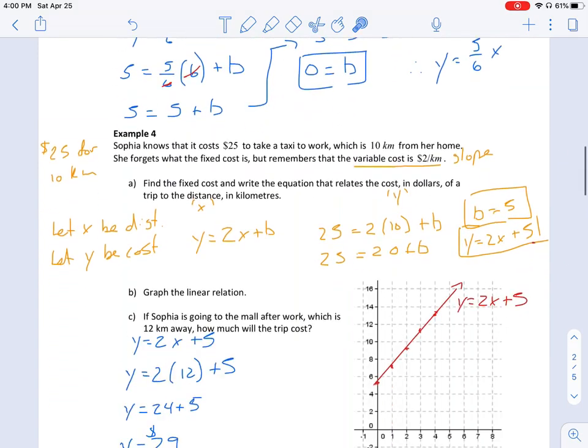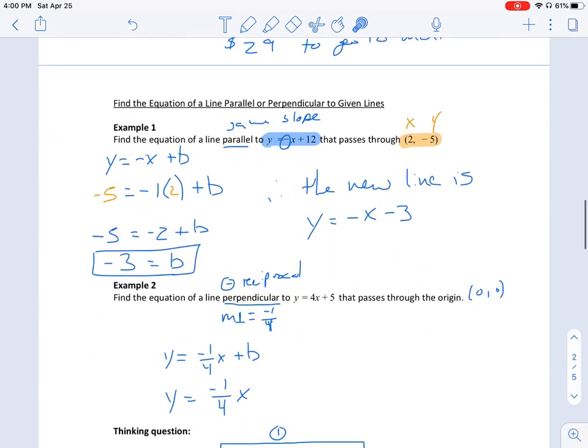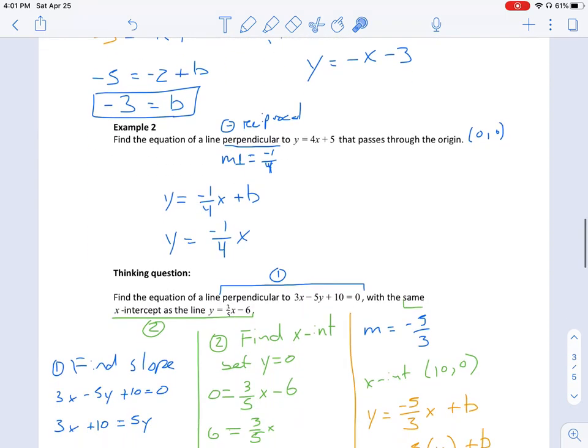When looking at lines that are parallel or perpendicular, we just need to realize that parallel means the same, so I'm taking the same slope as this line, whereas perpendicular means the negative reciprocal. I'm taking the negative reciprocal of this, and then identifying what point we have to plug into the equation.